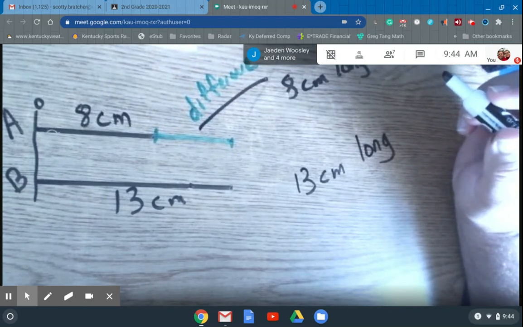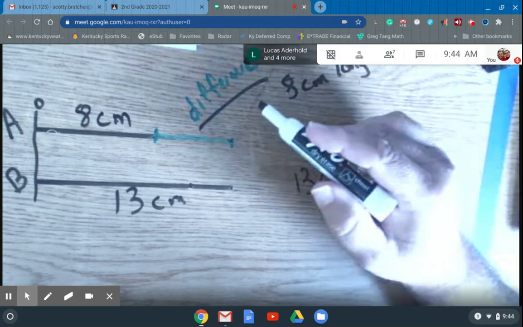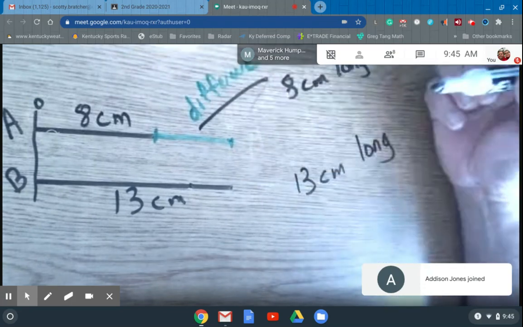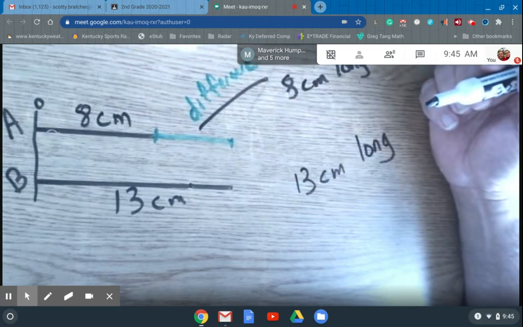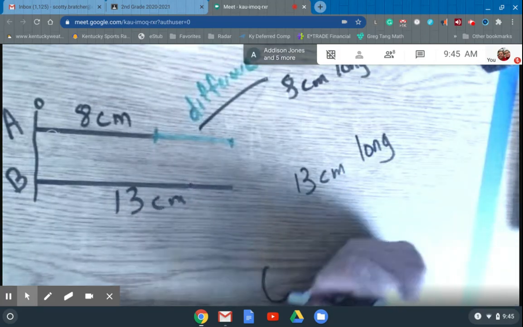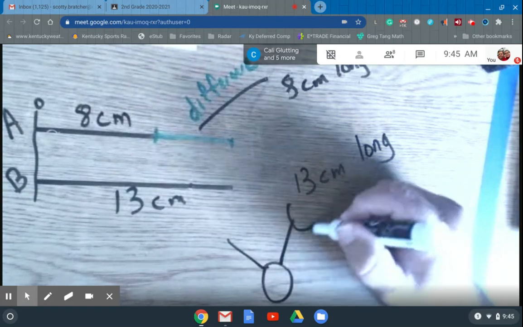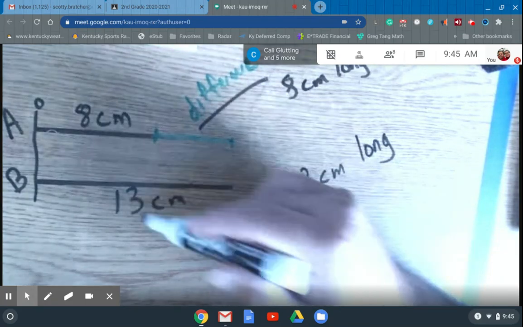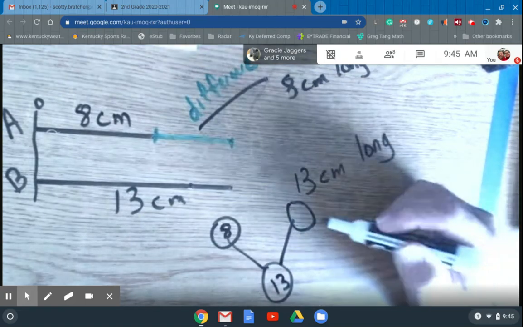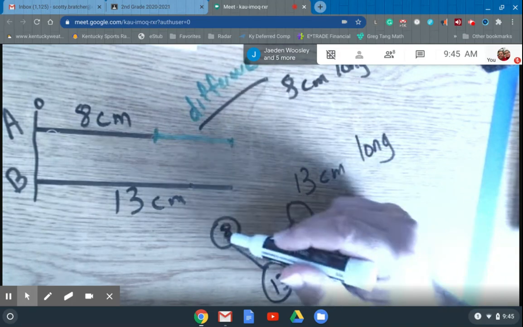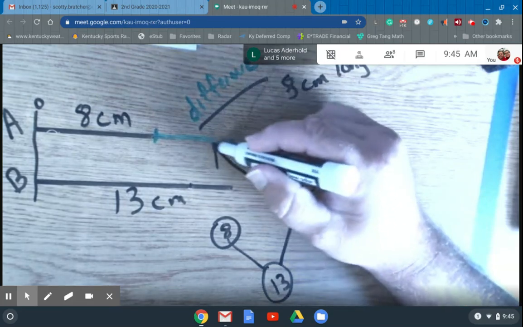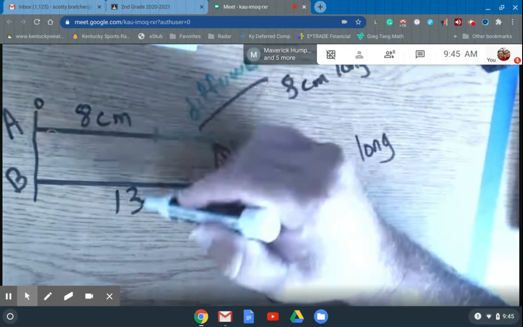And I could think of it like this. It's something that I would have to add to make it equal, but it's not there. So that means that I'm going to have to subtract, okay? I can also think of it like this, and maybe this might be better. Okay, let's go back to number bonds. This 13, let's pretend that's the whole, and we've only got 8. How much would we have to add to the 8 to make it 13? This is the same thing as that right there. So this is kind of like a number bond.